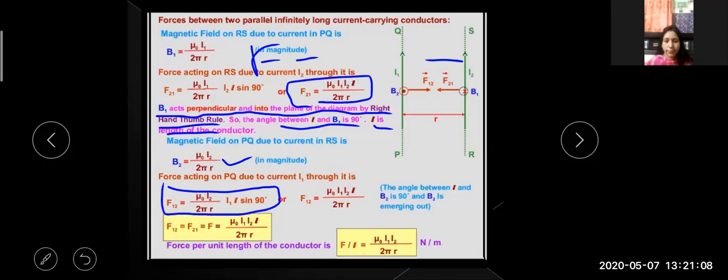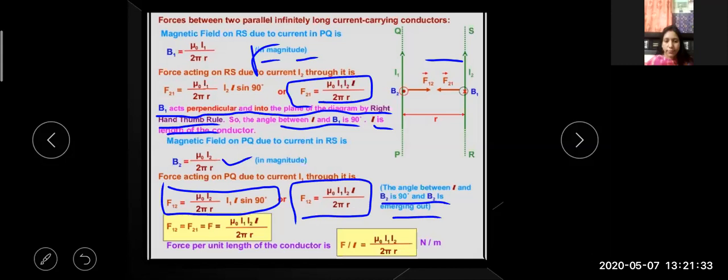Theta is 90 degrees here, since the conductor is placed perpendicular to the direction of the magnetic field. So sine 90 is 1. We can write this equation as F12 equal to mu naught I1 I2 L upon 2 pi R. The angle between I and B2 is 90 degrees, and B2 is emerging out, as I told you, right?